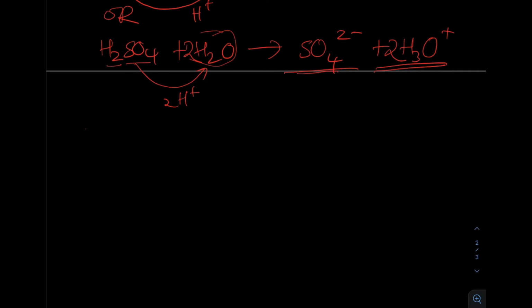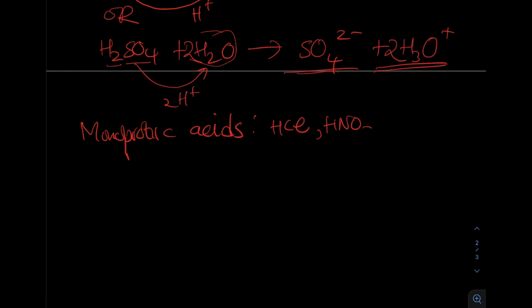Right? Now let's look at the types of acid. As I've mentioned earlier, there are acids that donate 1 and there are acids that donate 2. Now there are monoprotic acids. The monoprotic acids are those acids that donate 1 proton, like HCl, nitric acid, and so forth. Now there's HBr as well, and the other acids. Those acids that have 1 hydrogen are called monoprotic. And there are diprotic acids.